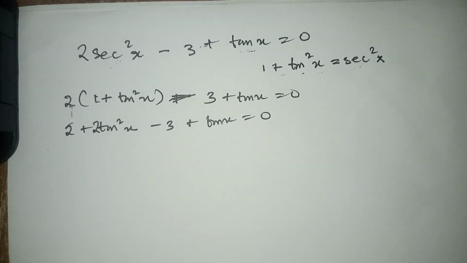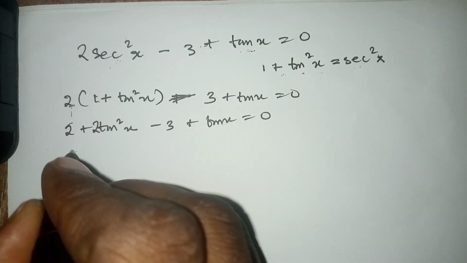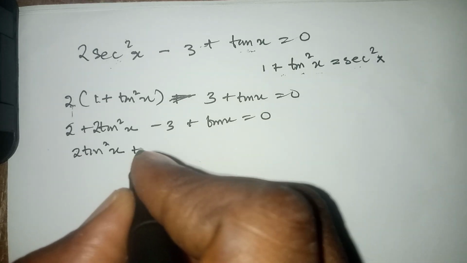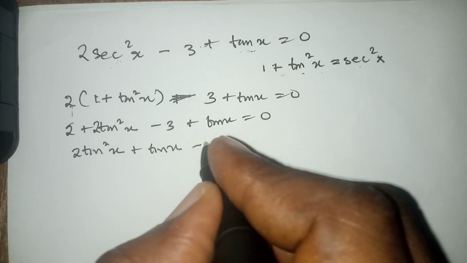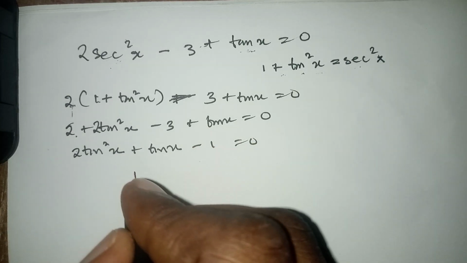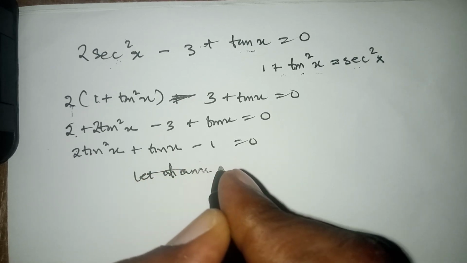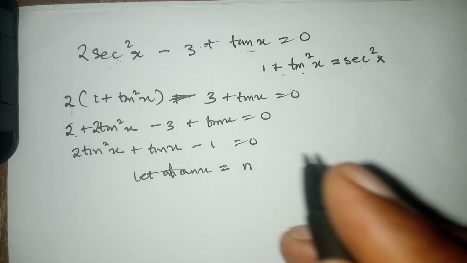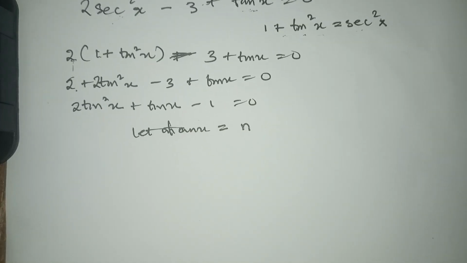So now it's taking the shape of a quadratic equation. So let's tidy it up. So we have 2 tan² x plus tan x, then 2 minus 3 is minus 1, equals 0. So let tan x equals n, just as we've been doing.